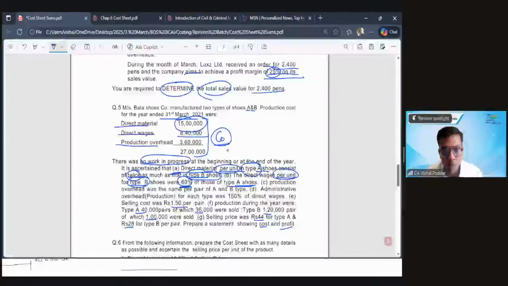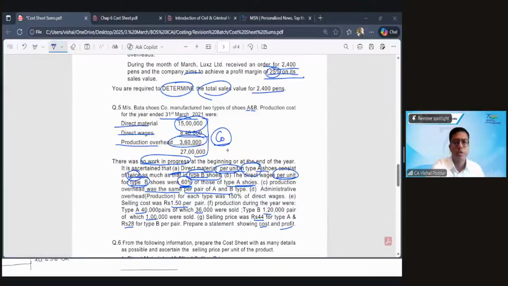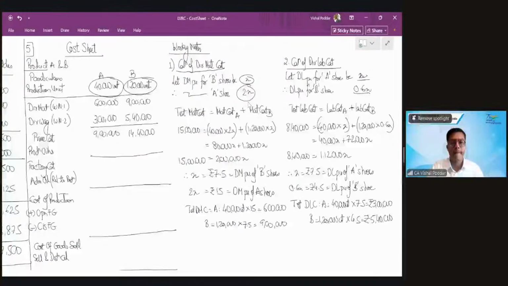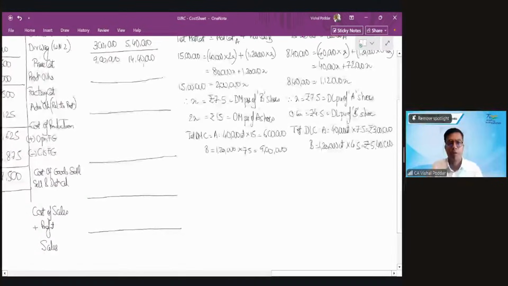Now, production was same per pair. So per unit production is same. Now total production is 360. So working note B, calculation of production overheads. Now production overheads per unit.